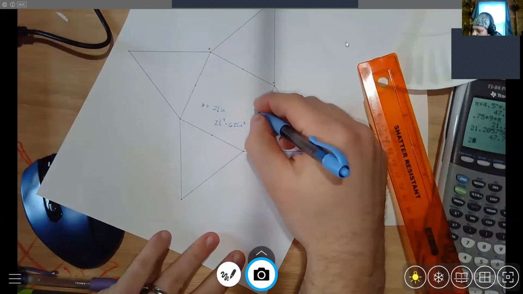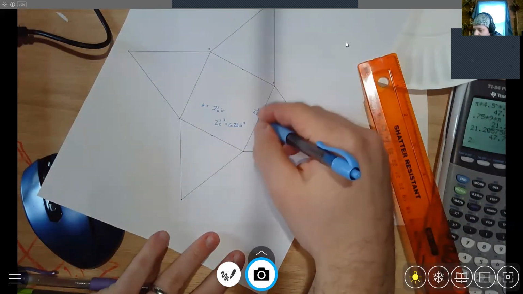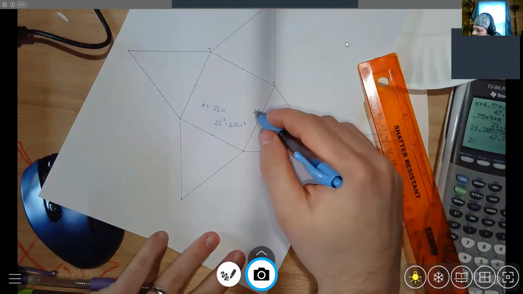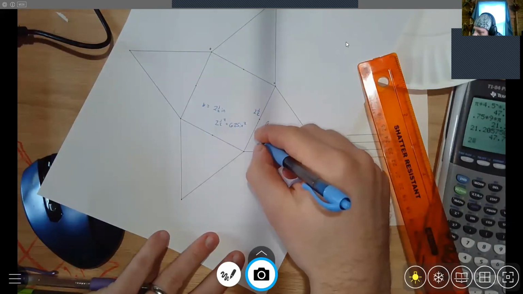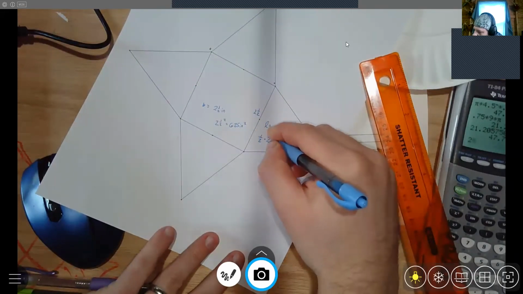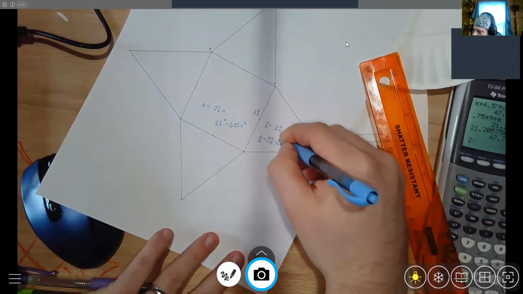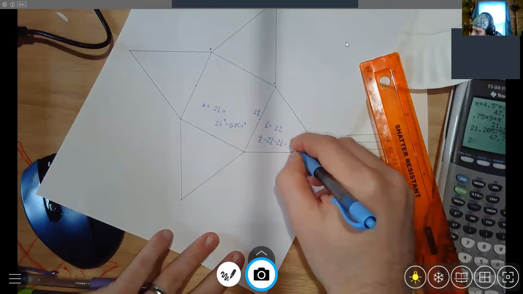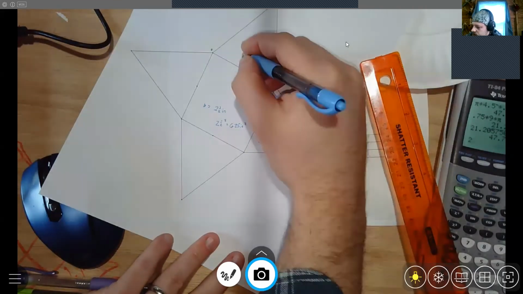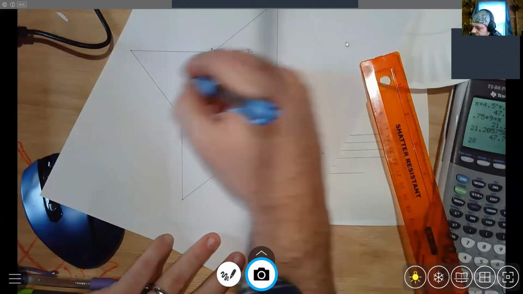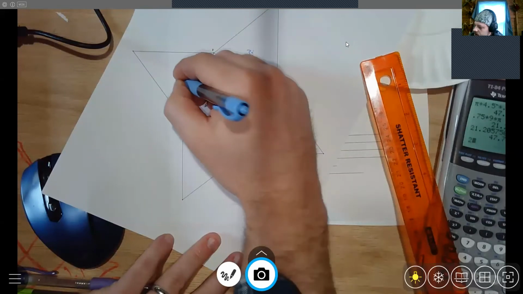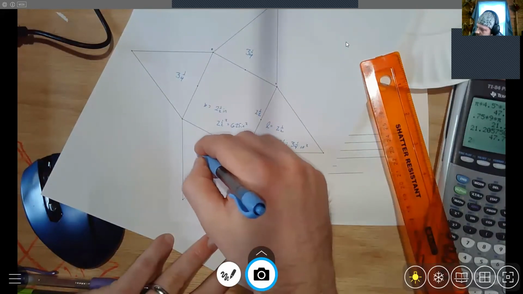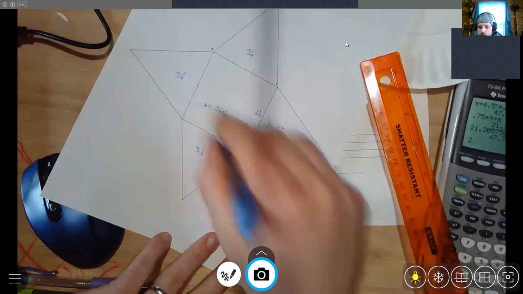So we know this side here is 2.5, so half base times height, so half 2.5 times the height of the triangle equals 3.25 square inches. So each of these is 3.25, 3.25, 3.25.